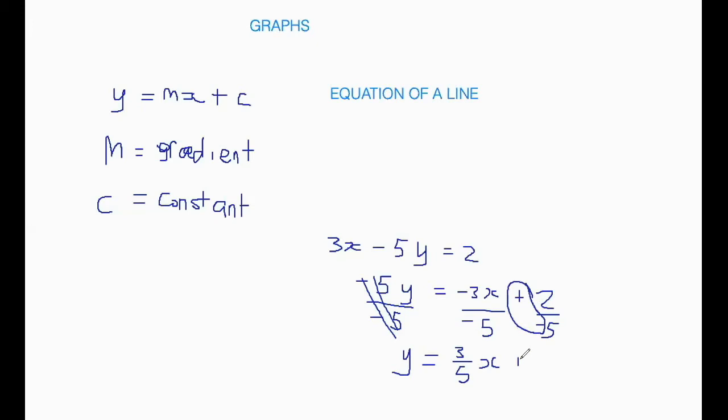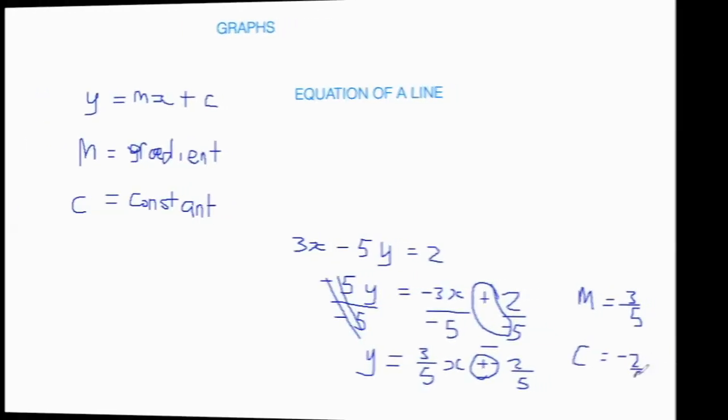So positive times a -2 over 5 means this will change to -2/5. So the gradient here is 3 over 5, and the y-intercept, which is the constant, the one without the variable, is -2 over 5.